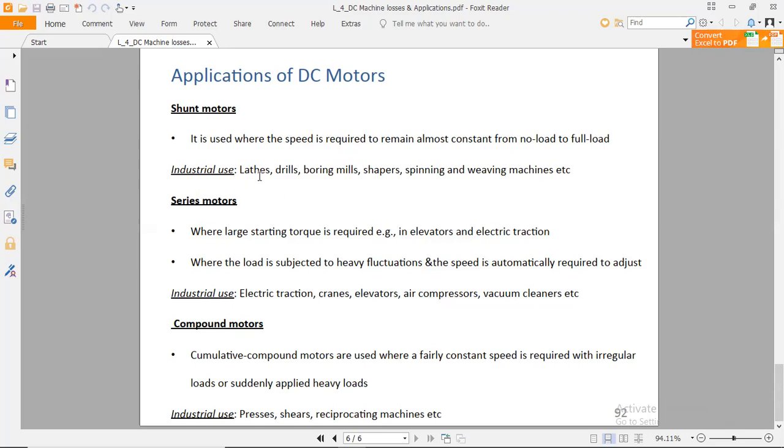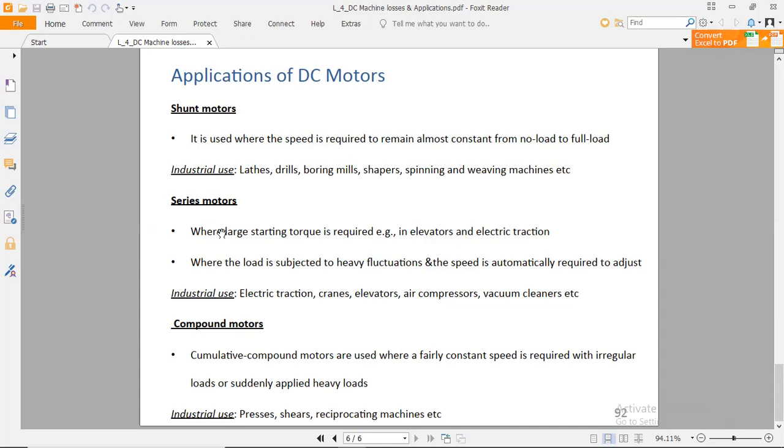In industry, most lathe machines use the shunt motor, as do drills, boring mills, shapers, spinning machines, weaving machines, and similar devices and applications.